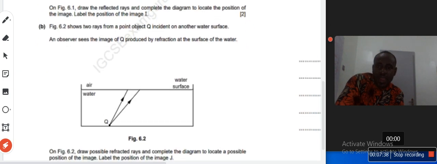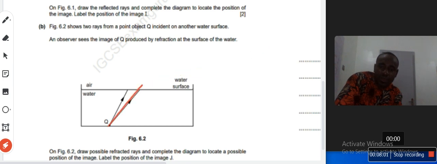It says figure 6.2 shows 2 rays from a point object Q incident on another water surface. An observer sees the image of Q produced by refraction. This one is by refraction. You know, for refraction, a ray moving from more dense like water and going towards air will bend away from the normal.